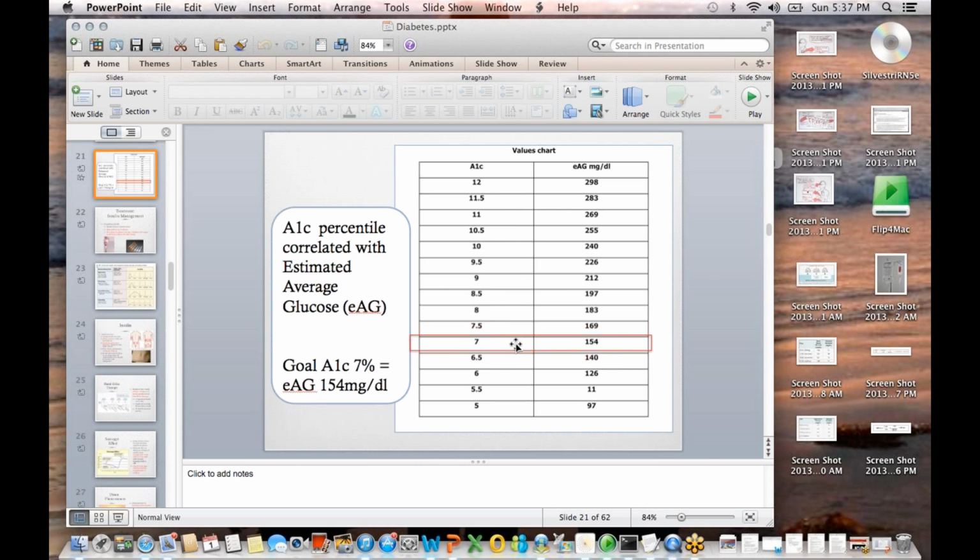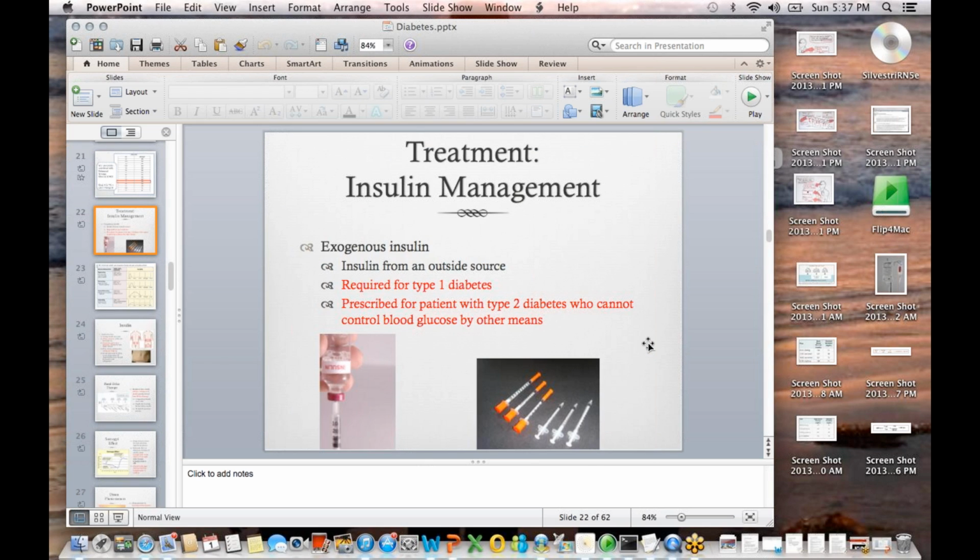And anything over 6.5 or 7 is diabetic. I put this here to show how A1C is correlated with your estimated average glucose. If you look at this chart, at about 7% A1C, you're at 154 milligrams per deciliter of glucose. Your goal for diabetic patients is usually less than 7, and that's controlled diabetes. Treatment.